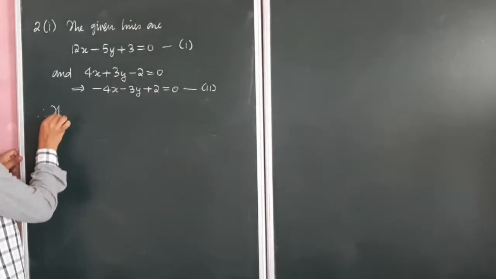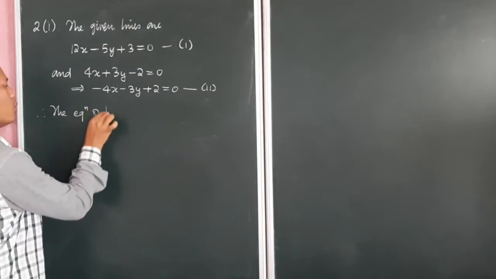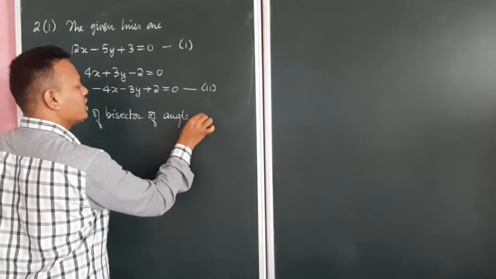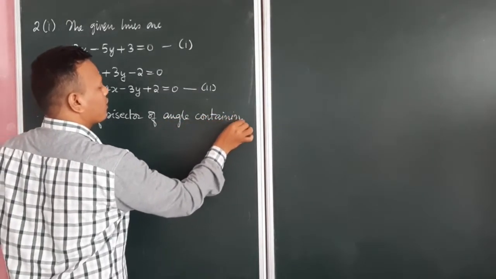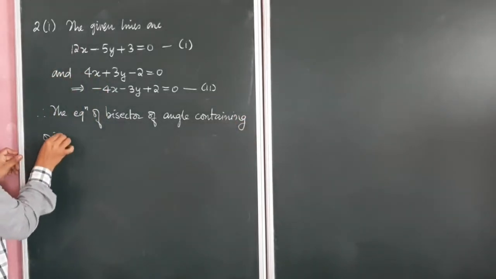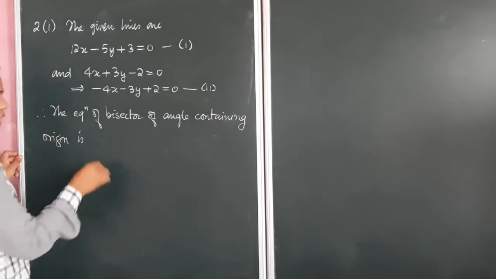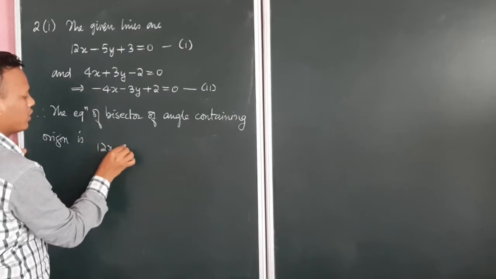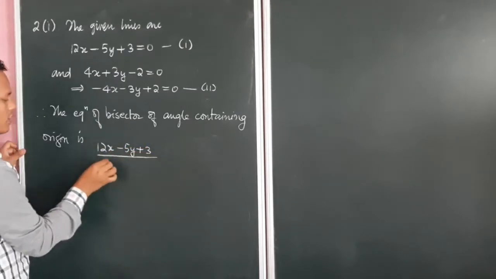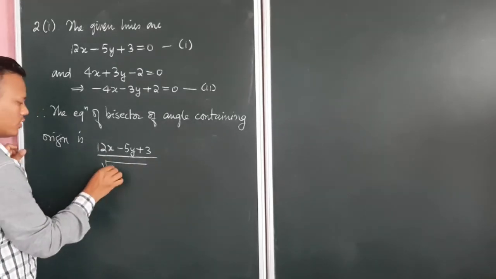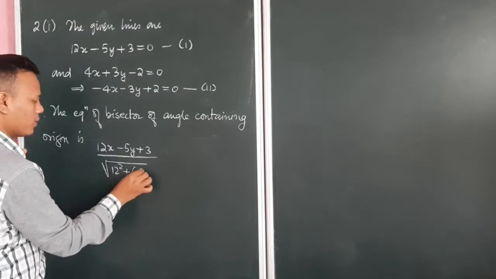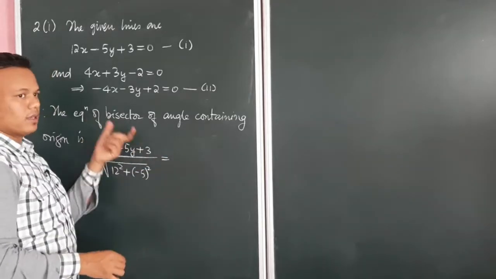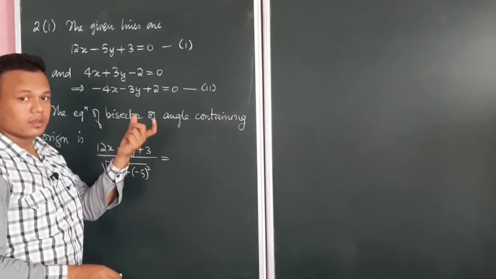Therefore, the equation of the bisector of the angle containing the origin is, okay, so we have this, right: (a1x plus b1y plus c1) whole divided by square root of a1 square, that is 12 square, plus b1 square, that is minus 5 square, equals, now we have only one sign, that has to be plus, (a2x plus b2y plus c2), and what is that?